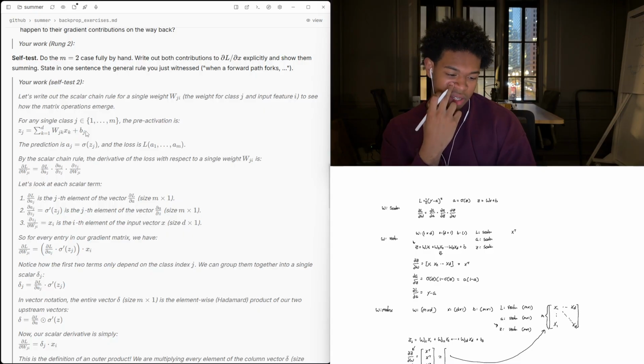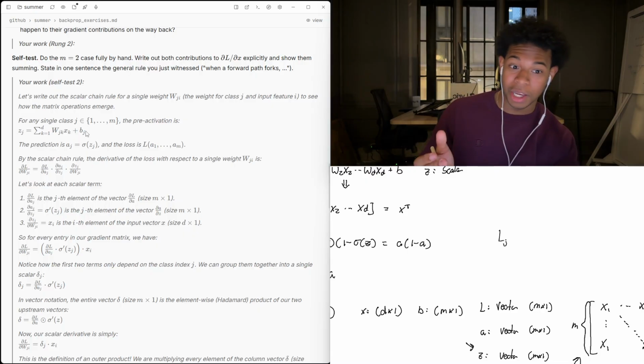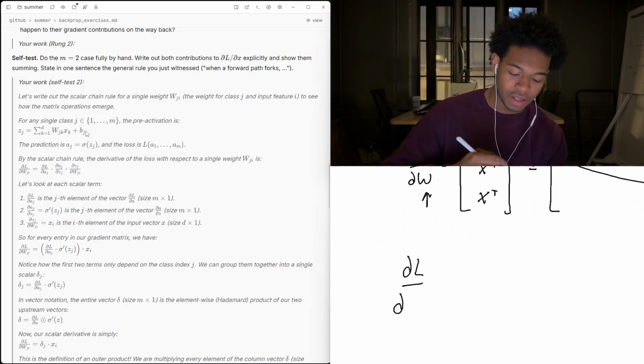L would be a vector, not a scalar. But Lj is a scalar. So that's how I would prefer to write it. That makes more sense to me.